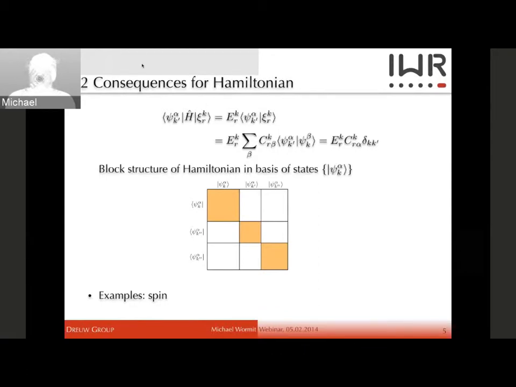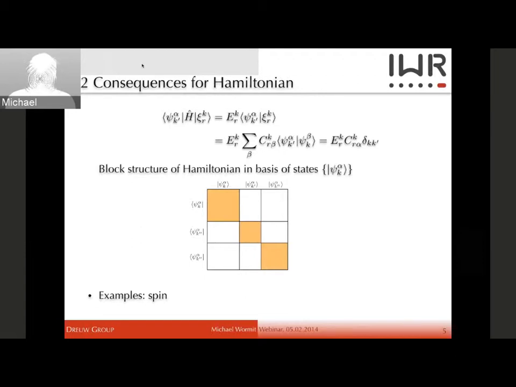So I'd like to explain this picture. You have on the axis the eigenstates of the symmetry operators, which are indicated by k and alpha, k prime alpha, and k double prime alpha.